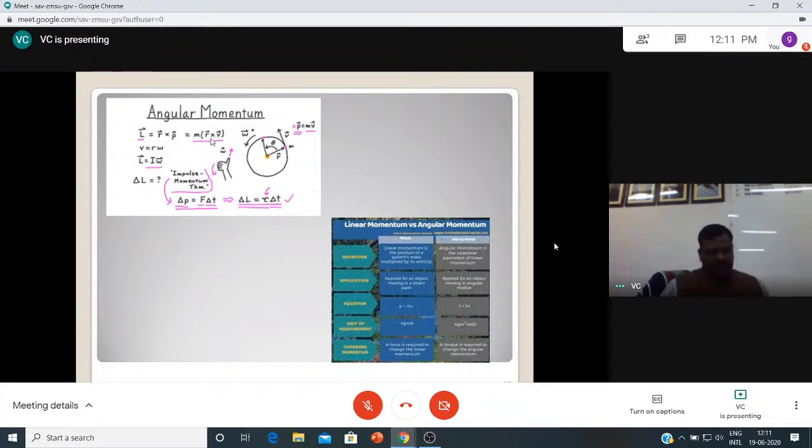The velocity is R omega, so substitute V as R omega.